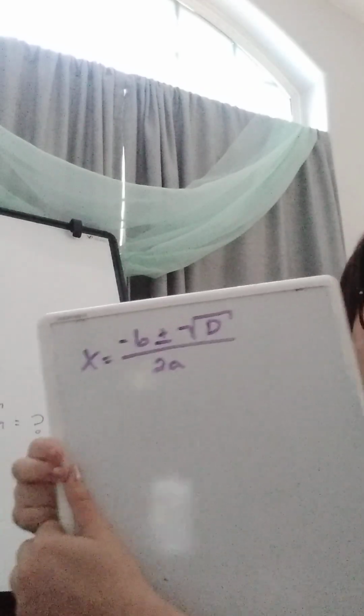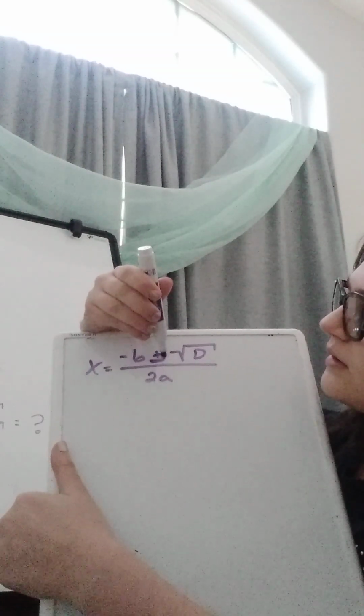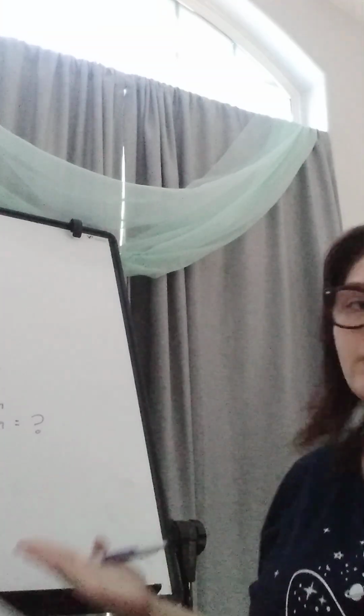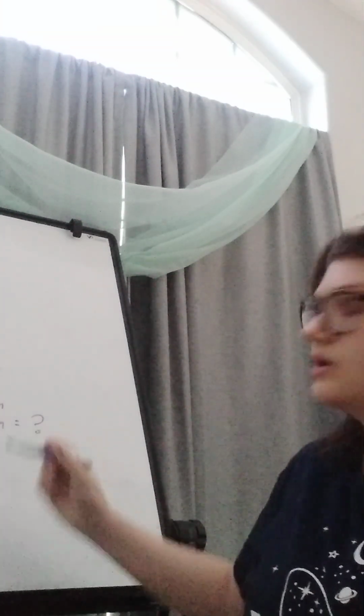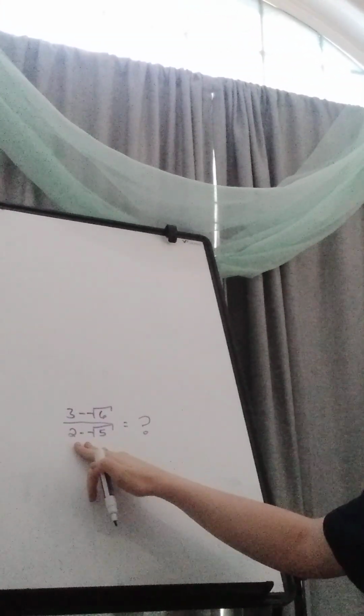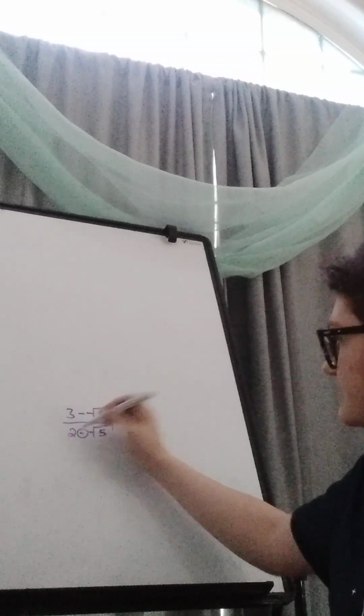Recall that is our quadratic formula, correct? So this right here are plus or minus there, when we're referring to a conjugate, that's exactly what we're referring to, is flipping that sign. So here when we have our 2 minus square root 5, we're looking at changing that sign right there.